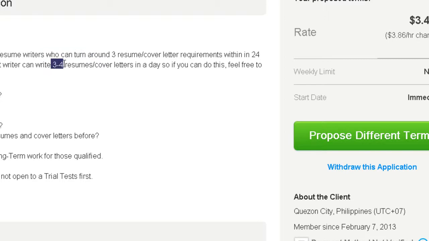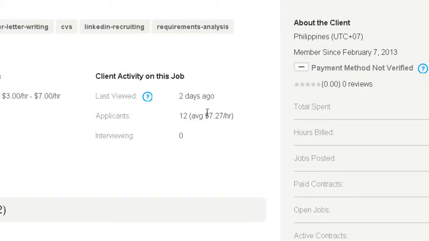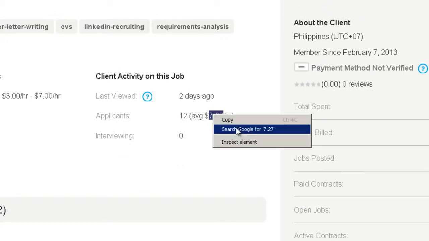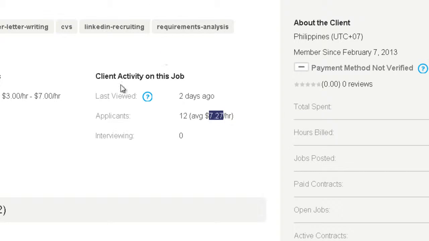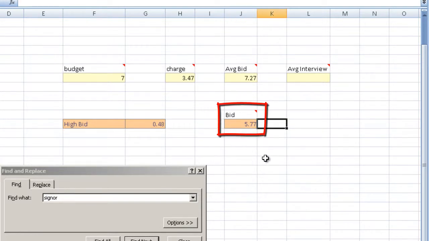I have a specific formula that makes the calculations and makes it easy for you to change the bid to a higher rate without making it too high, without making it too low. And let's see what happens when you add the average bid amount, which is slightly more than the budget. It's going to increase it slightly.